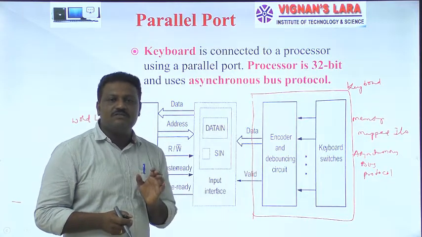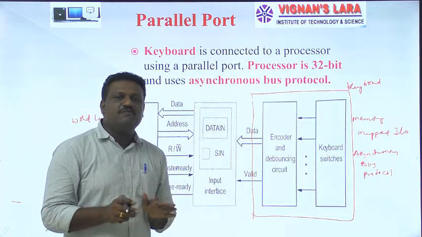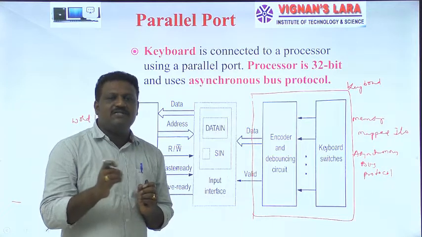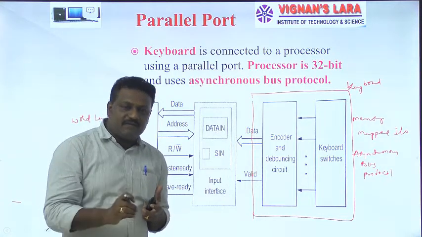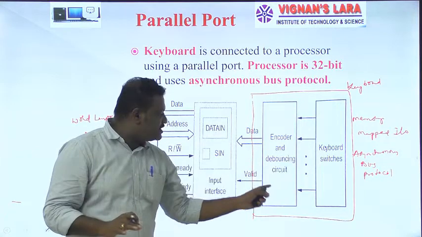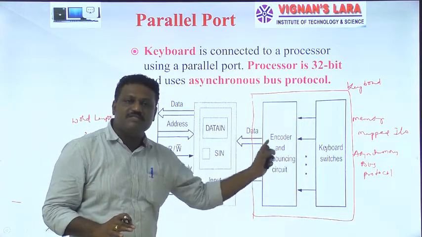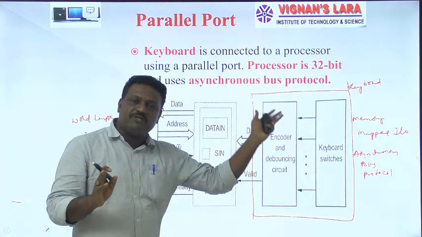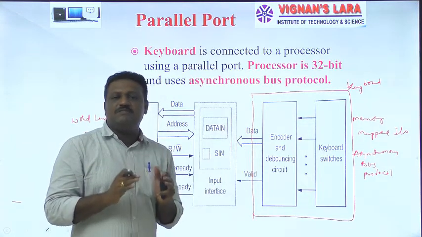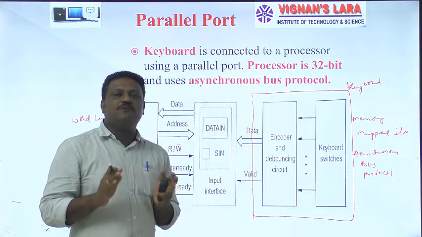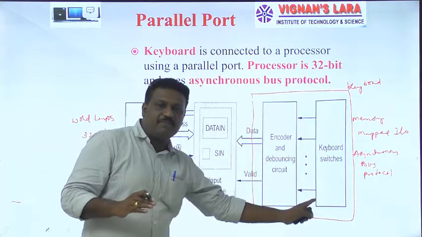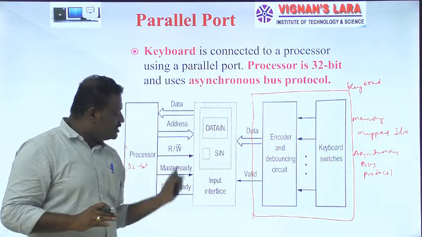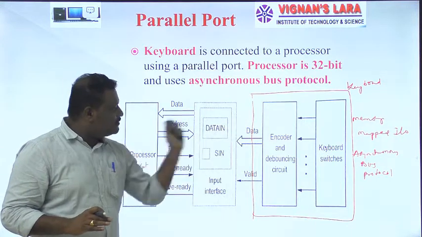The debouncing circuit suppresses the bounces we get from a pressed key on this keyboard. So this encoder not only generates the ASCII equivalent code for the pressed key, but it also debounces, or suppresses, the bounces from the pressed key. There are two things happening here. Once a key is pressed, it transfers that information to this input interface with the help of these lines.